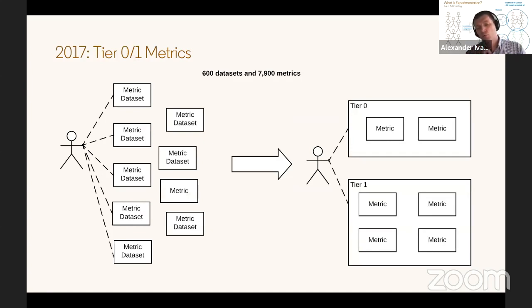But now what we are doing is grouping the most important metrics into two data sets called tier 0 metrics and tier 1 metrics that are shown by default to every test owner when they open their experiment. And every test owner is aware that those metrics are very important to the company, and they should only be growing.